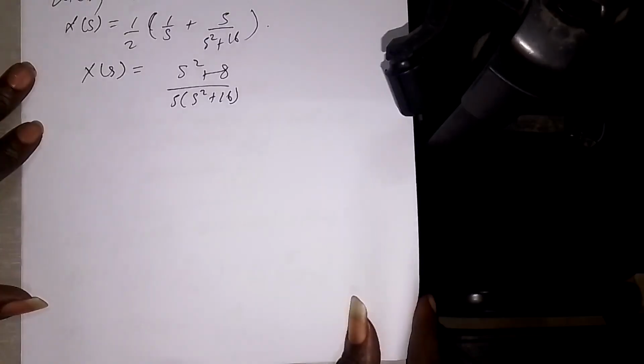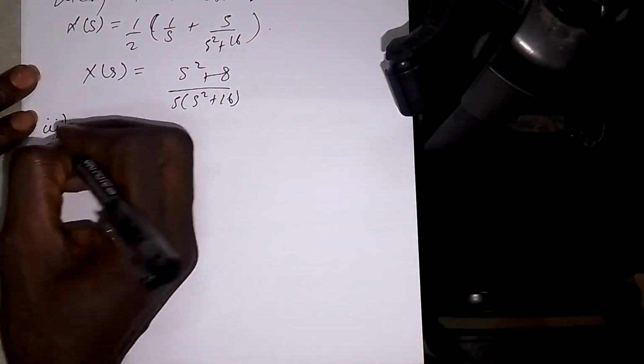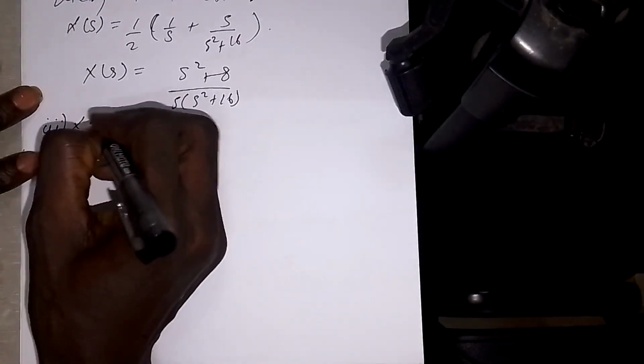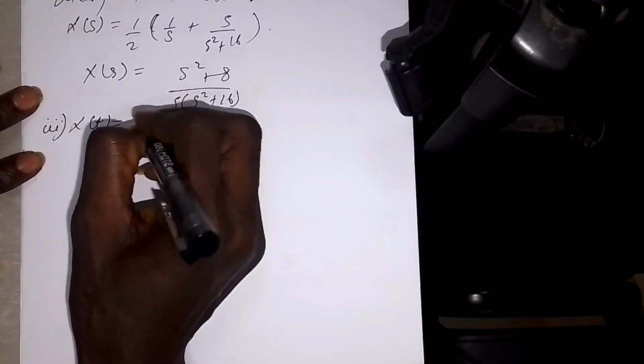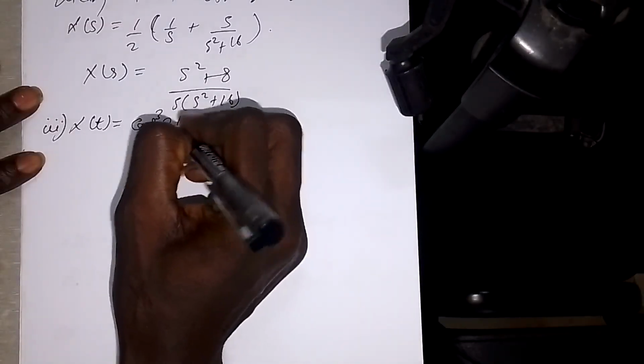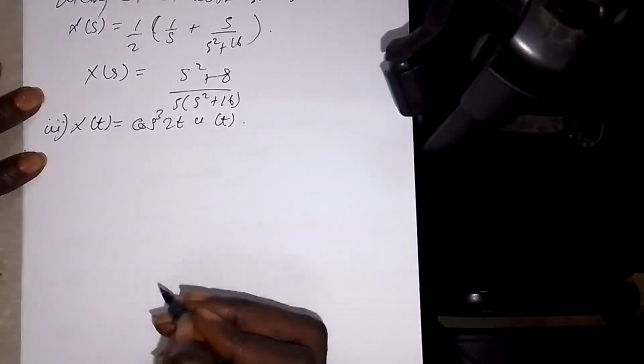So the next one is part I. What we have over there is that x of t is equal to cos cube 2t into u of t.